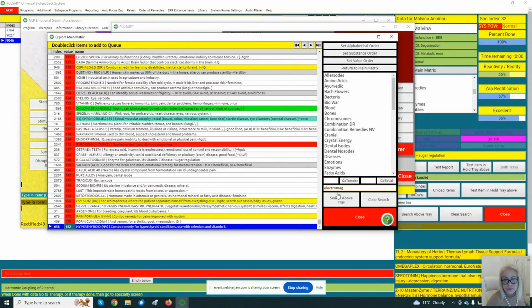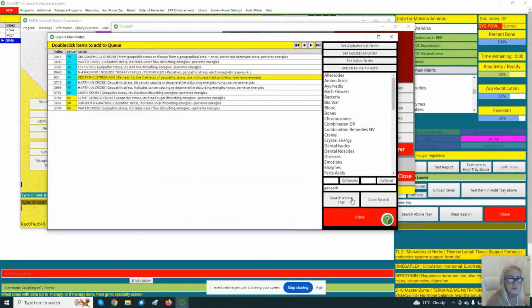Electromagnetic. No. How about geopathic stress? Geopathic. Okay. There we go. The Zen Georgie also affects blood sugar disturbing energies. There we go.